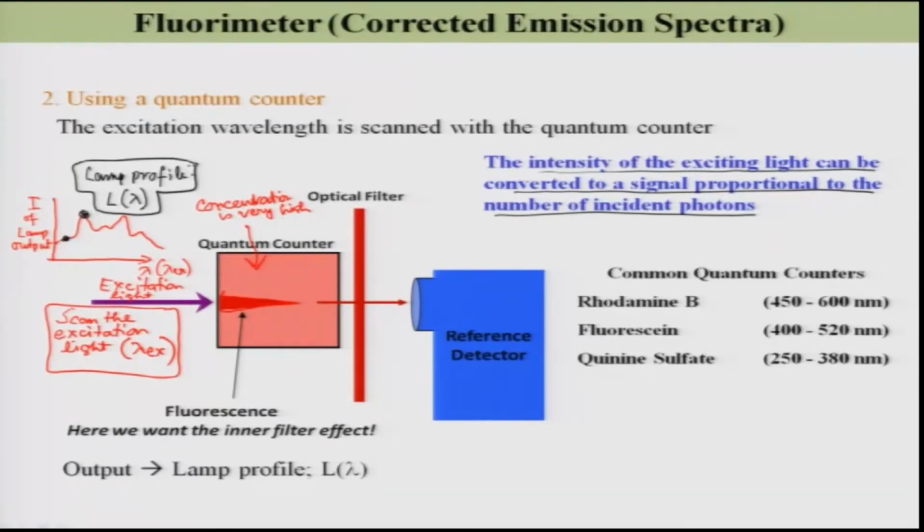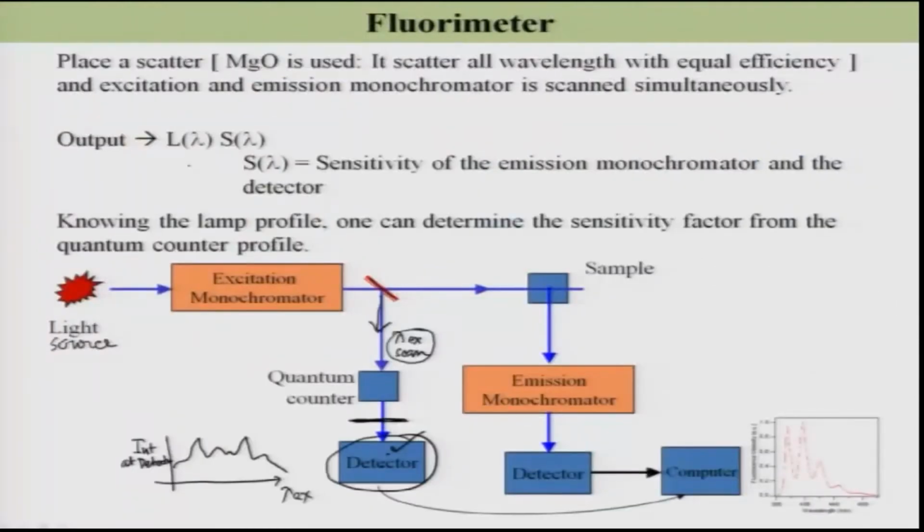Now, instead of taking your sample for the emission measurement, let me take some other material in the sample position. The material is a scatterer.